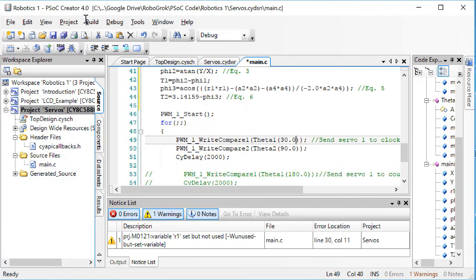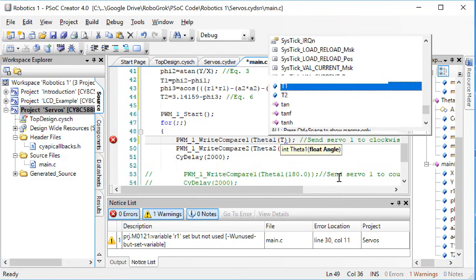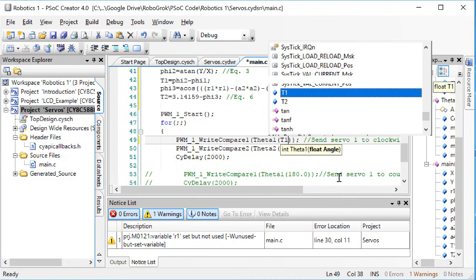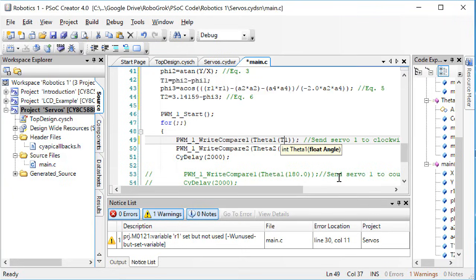Okay, now the two angles that we want to send the servos to will be T1, and we need to convert that to degrees. So it's going to be T1 divided by pi times 180.